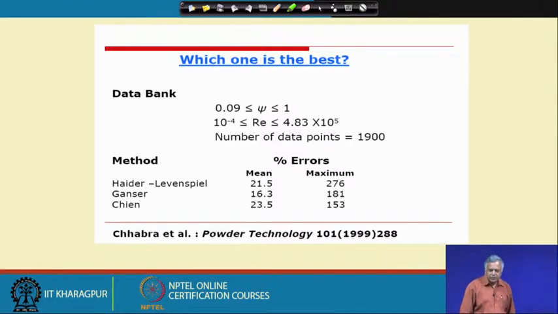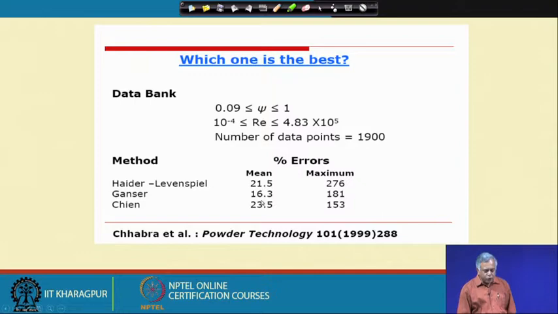This question was asked by Professor Chhabra of Indian Institute of Technology, Kanpur, in one of his publications in 1999 in the Powder Technology journal.